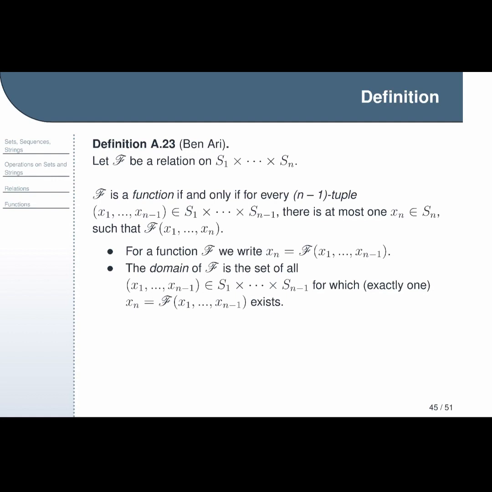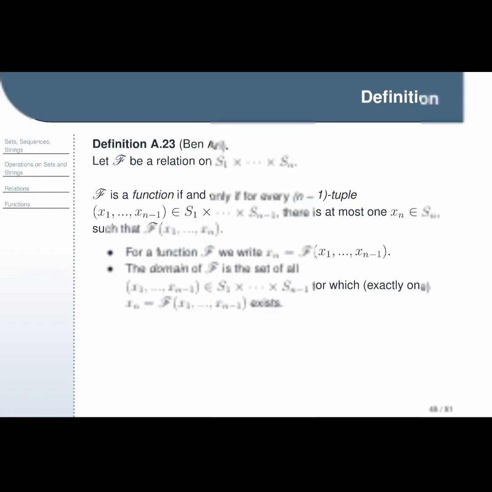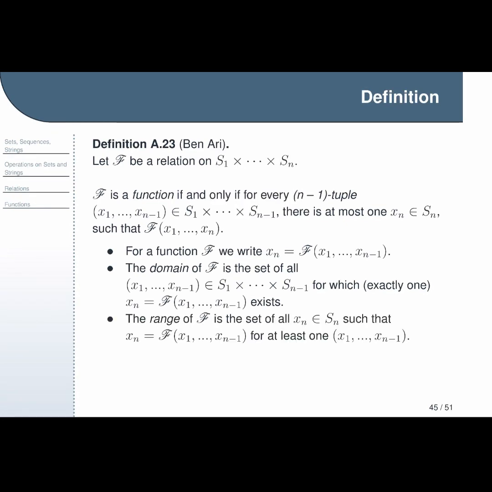And it's all of the input that gives us exactly one x sub n in that last set that will be the output of the function. And then finally, the range is just the set of all of the output such that there exists some input that is related to it, or that reaches it, or produces it.